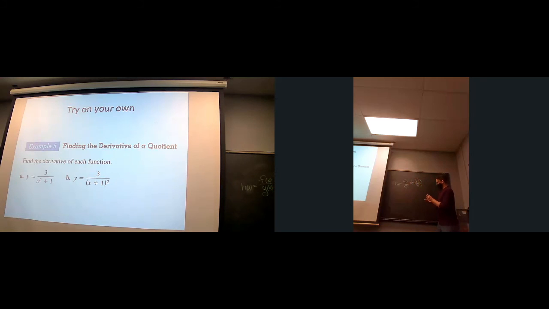So let's apply the product rule now. d dx of f of x times 1 over g of x is going to give us f prime of x over g of x plus, let me write it a different way, less sloppily.